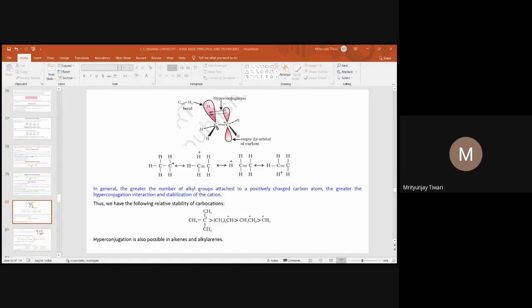But we still see some overlap, and anywhere the overlap happens between two orbitals, we get more stability. We can also understand this more stability in terms of the overlap.